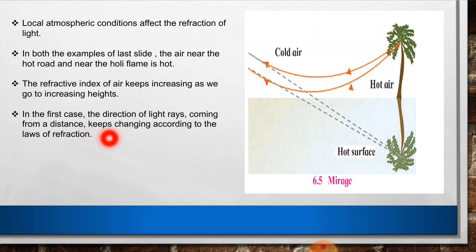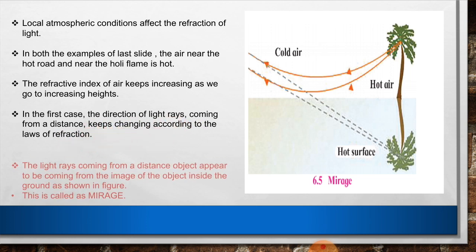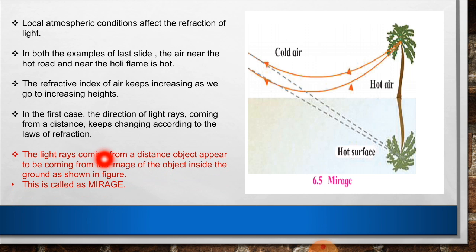So the light rays coming from a distant object appear to be coming from the image of the object inside the ground. So that person will see the tree inside the hot surface.